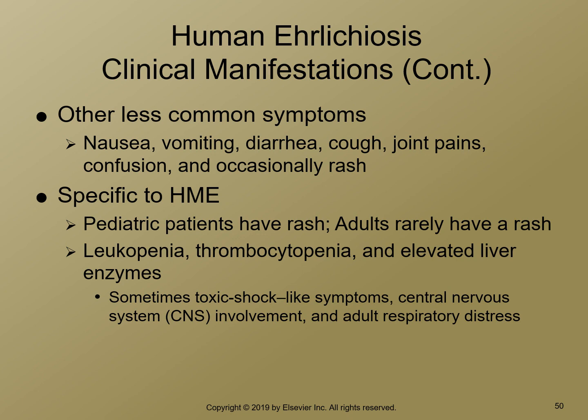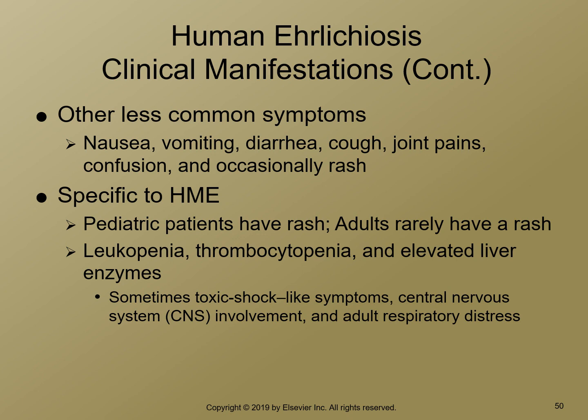Although human monocytic ehrlichiosis and human granulocytic anaplasmosis can appear clinically similar, there are some differences aside from the causative organism varying. So with human monocytic ehrlichiosis, there are a couple of things that are more specific to this presentation.